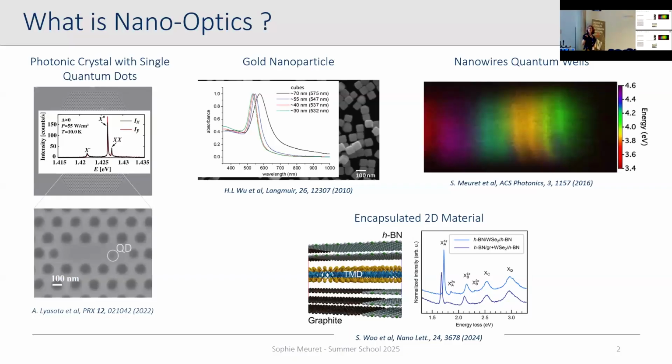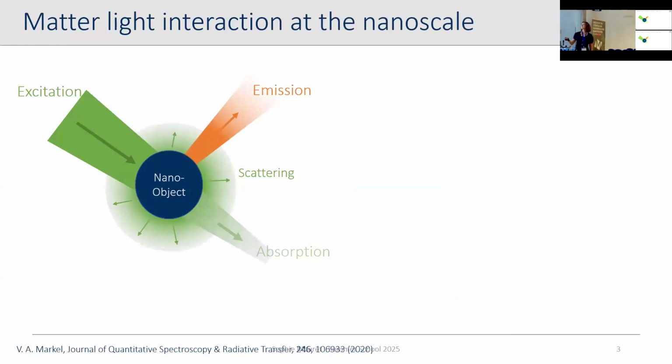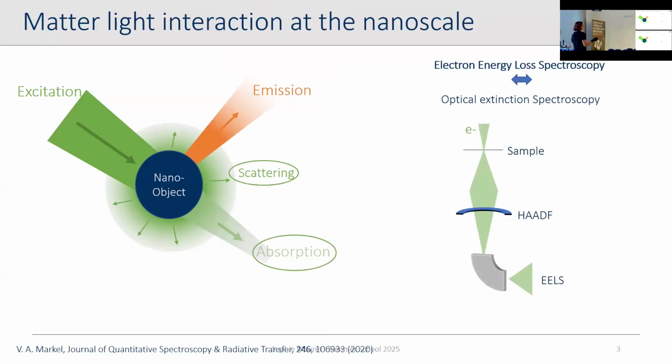So when we are talking about optical properties, what exactly do we mean? Well, if we have a nano object here and we excite it, there are different things happening. There is absorption of the excitation, there is scattering from the nano object, and there is emission. If we're looking at EELS, I will go into more detail, but it's basically looking at the electron after interaction with this nano object. What we are looking at is scattering and absorption, what people call in optics extinction spectroscopy.